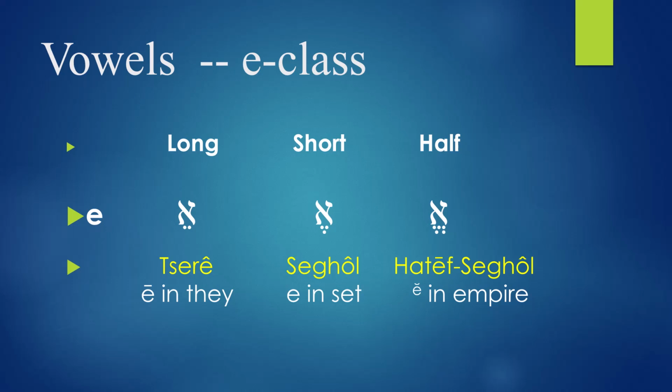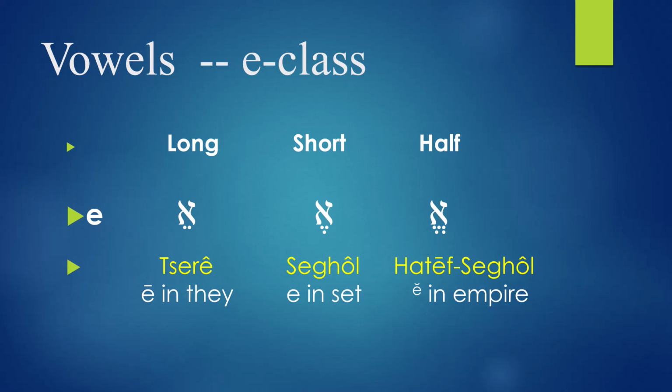And on the half vowels, we have hatef sego. Hatef sego is making the shorter E sound. Remember, half vowels make the shorter sound. So hatef sego is making the shorter E sound as in the word empire.